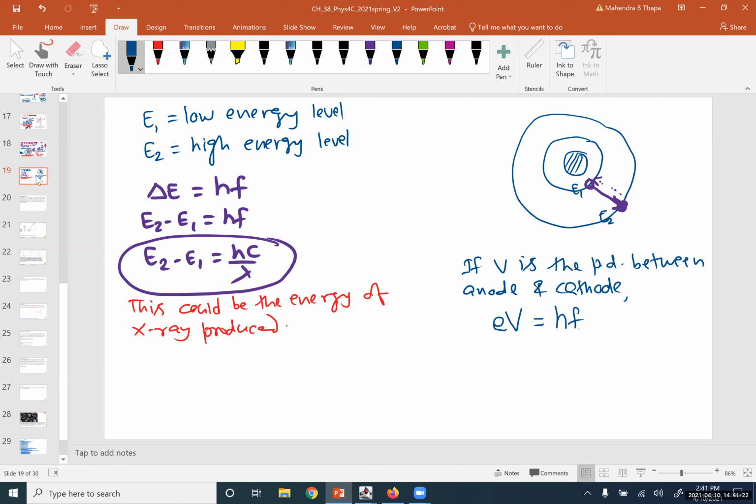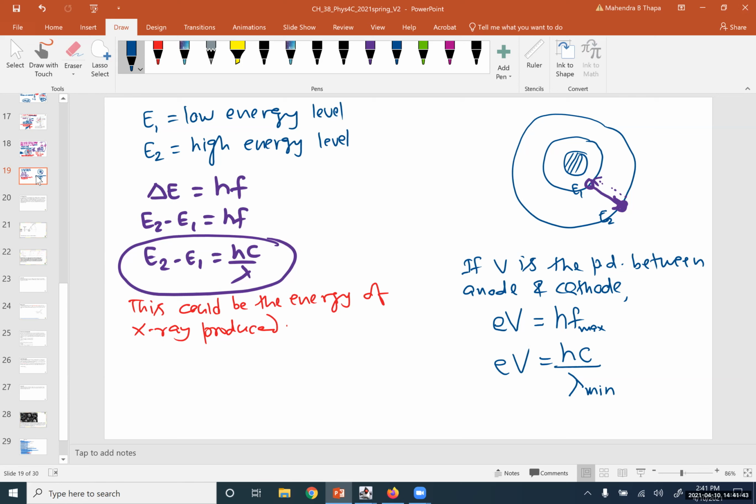Okay, so f is the maximum, eV equals h f maximum. If c is constant and f is maximum, lambda will be minimum. We can use this equation to find quantities like V.